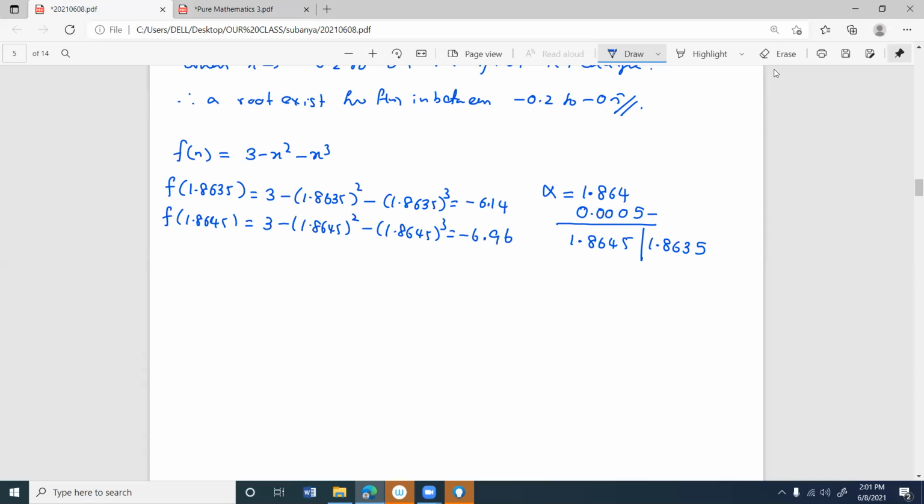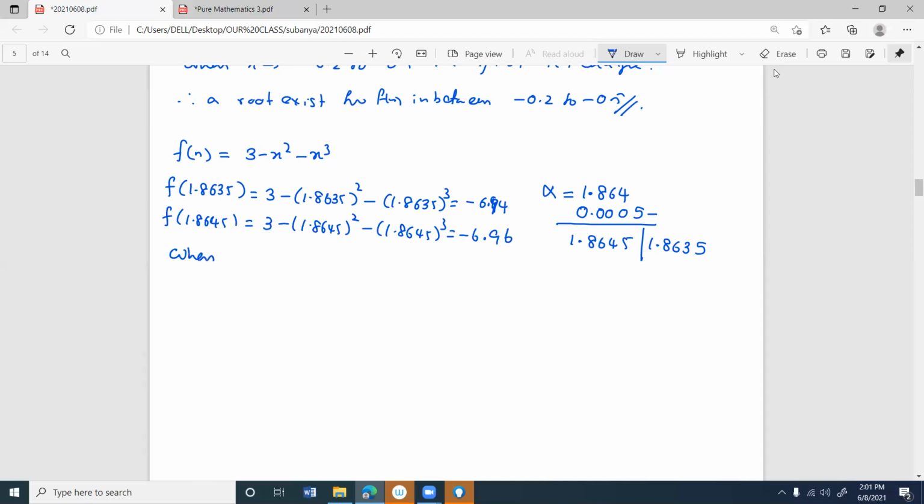In this situation, you can see the sign does not change.